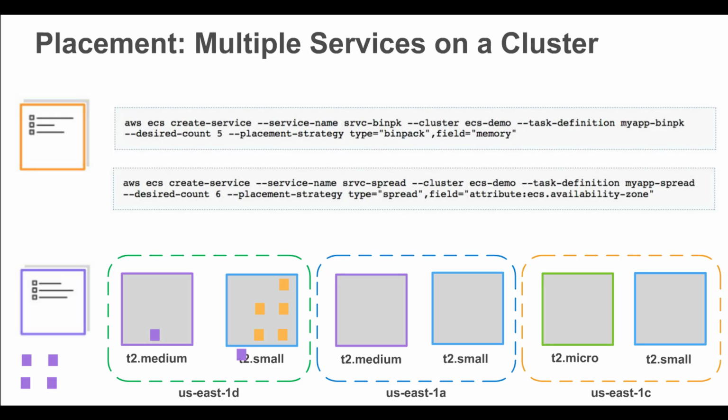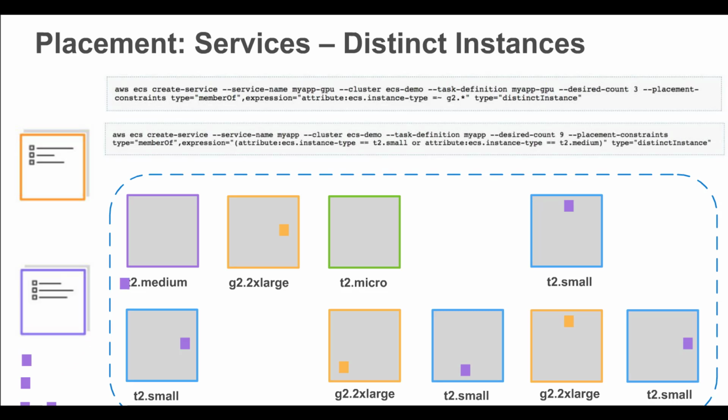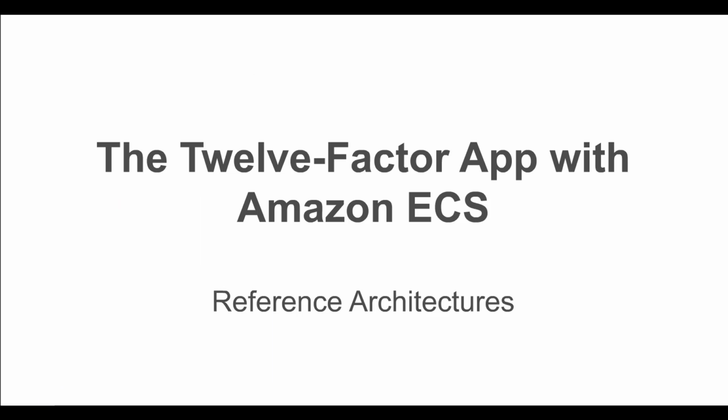And you could place these services based on the placement strategies that you define. And finally, another example is that you could place services on distinct instances. For example, if you have a machine learning algorithm running, then you could target the G2 instances versus a web app which is in development, and you might want to target a T2 small. And as the cluster scales, the scheduling engine starts placing these tasks in the right order.